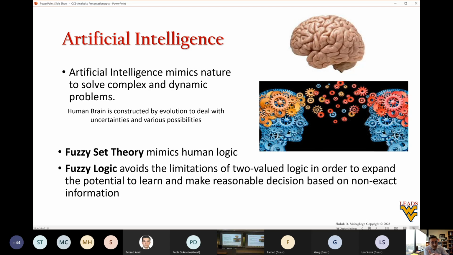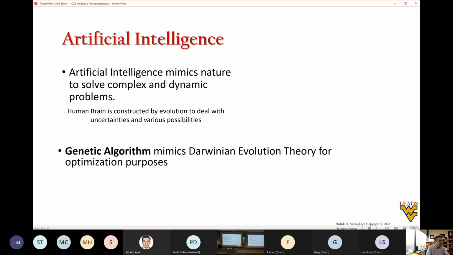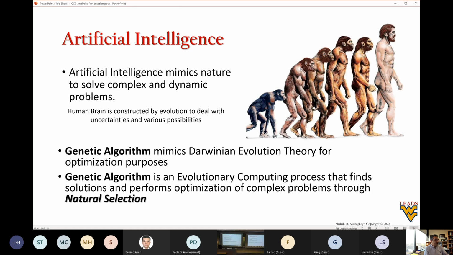Your brain, just think about it, never works like that. So fuzzy set theory tries to follow that process. Finally, genetic algorithm mimics Darwinian evolution theory for optimization purposes. Genetic algorithm is an evolutionary computing process that finds a solution and performs optimization of complex problems through natural selection. Natural selection is how Darwinian evolution theory was done and how you and I became Homo sapiens.